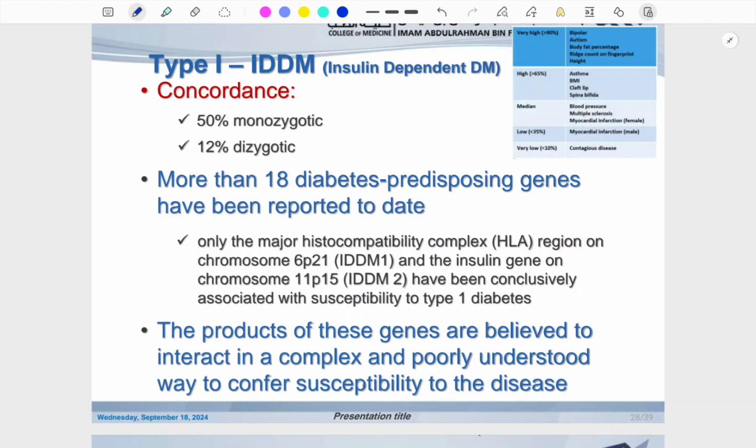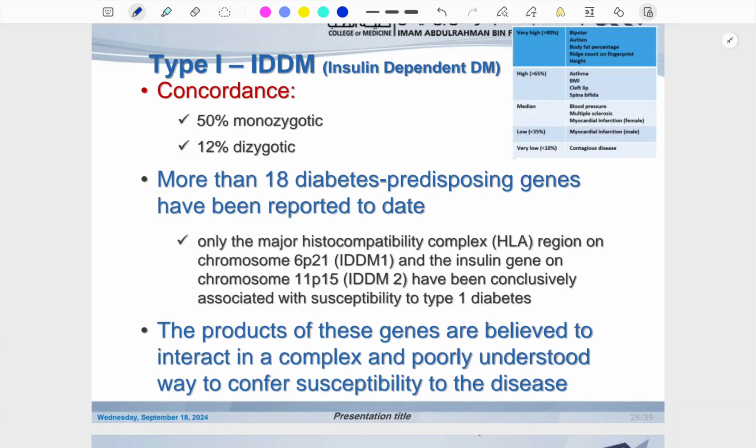Now we reach about 35, 40 genes involved in the development of type 1 diabetes. Only the major histocompatibility complex, this is again double from 10 years ago, on chromosome 6, is said to be involved or related to the development of type 1 diabetes. The products of genes are believed to interact in a complex and poorly understood way, we don't know, you understand, to confer susceptibility to the disease.